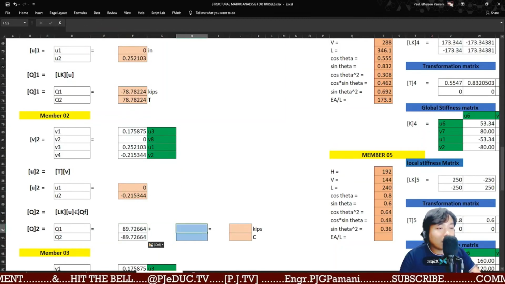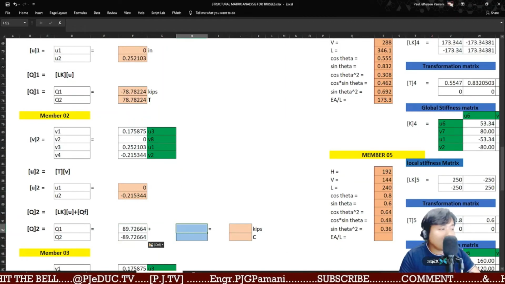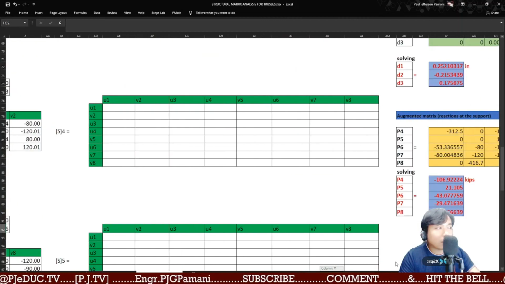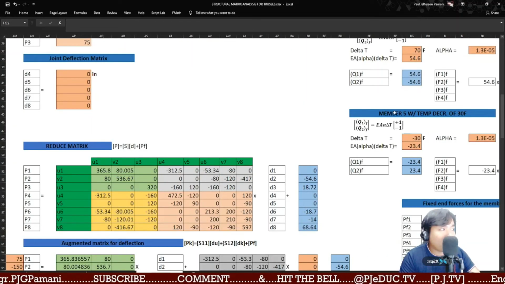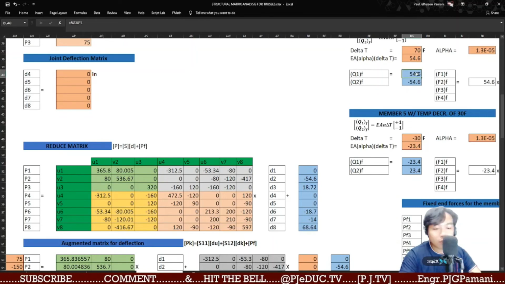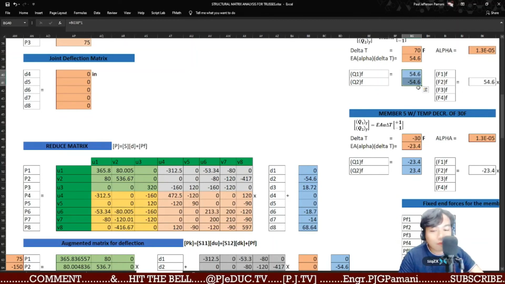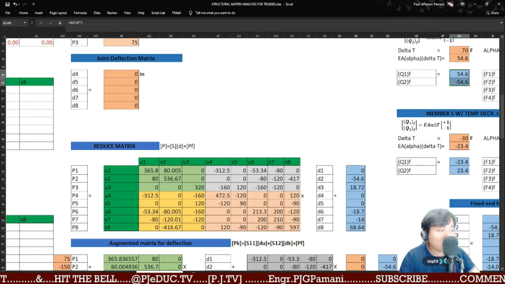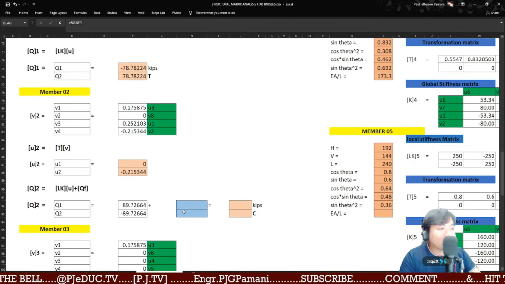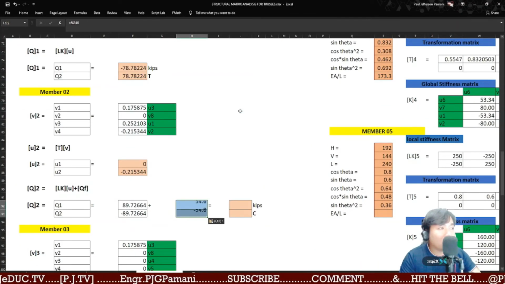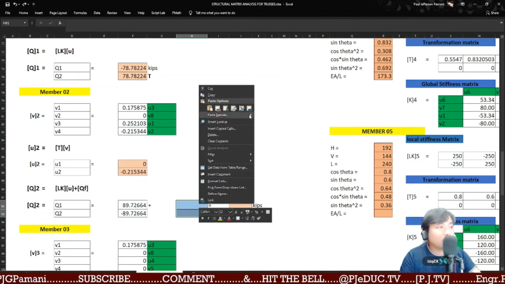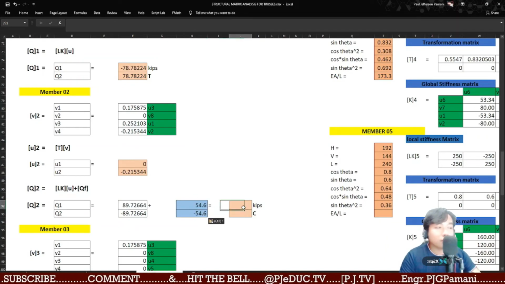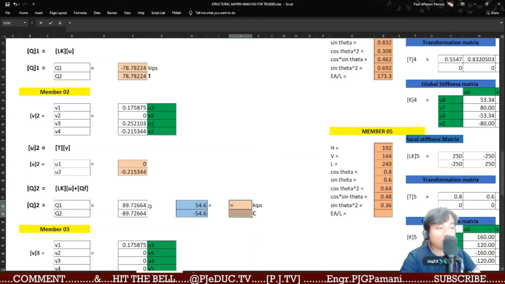Then, this time, we need to add the additional force due to the change in temperature for member 2, which is your 54.6 and negative 54.6. Copy, paste only the value. Okay? Then summate those matrices.